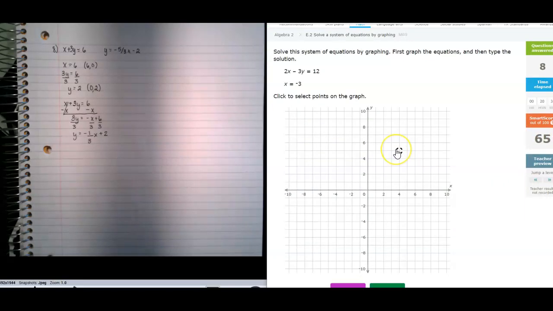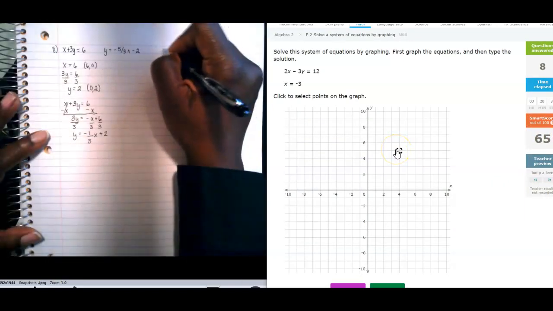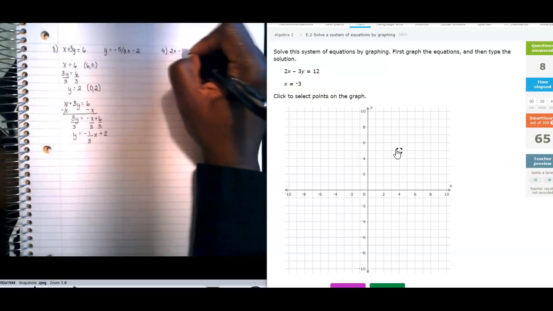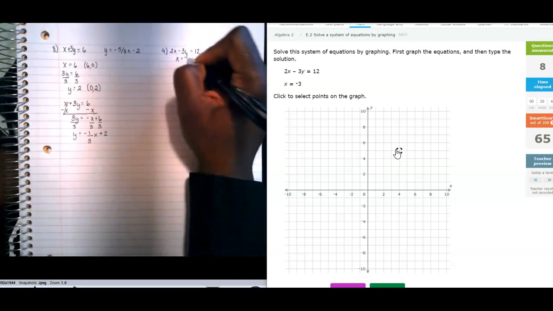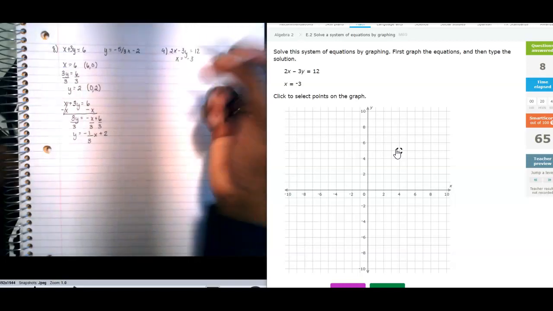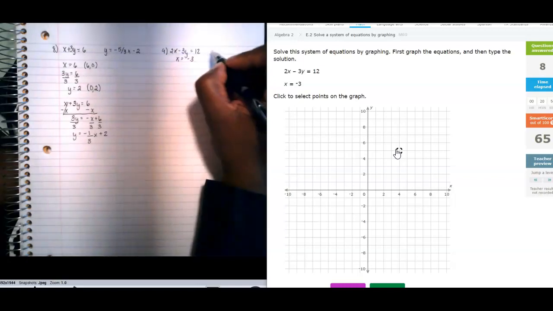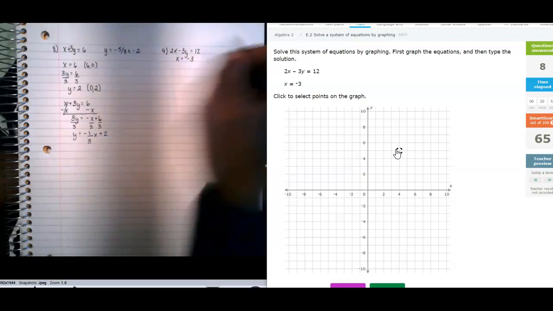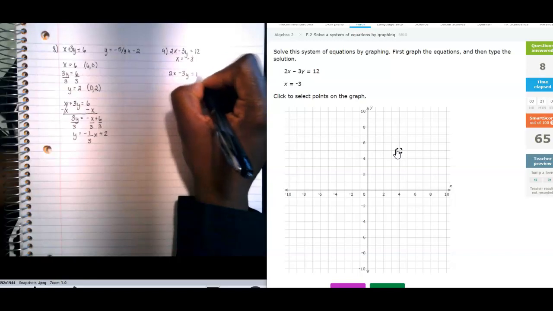Okay, so for this one, 2x minus 3y is equal to 12. X is equal to negative 3. So I'm just going to go ahead and solve this in slope-intercept form. So 2x minus 3y equals 12.